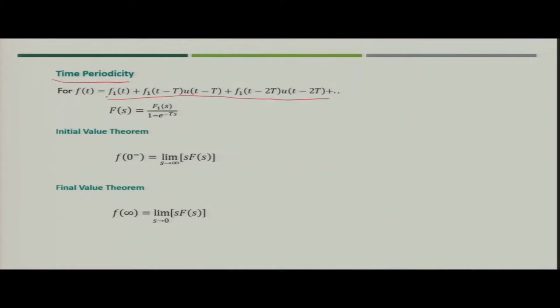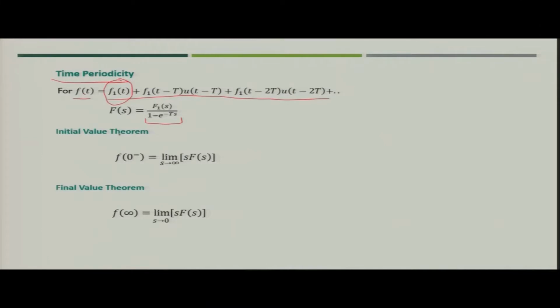If you are asked to find the Laplace transform of f(t), F(s) is nothing but F1(s) upon 1 minus e to the power minus T s, where F1(s) is the Laplace transform of the first period of the function.